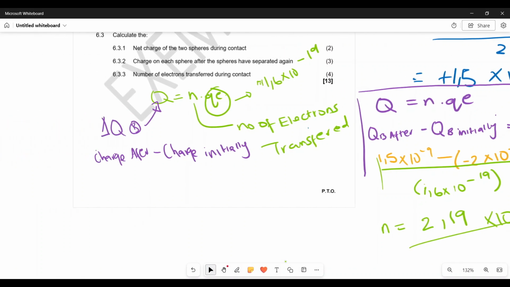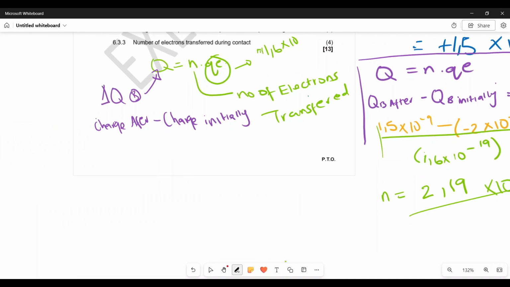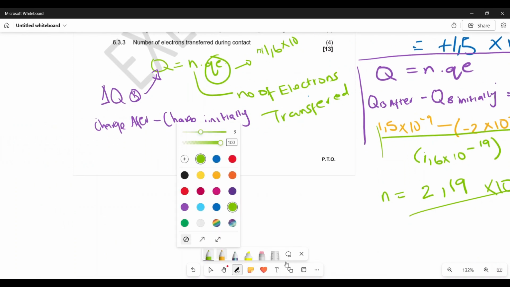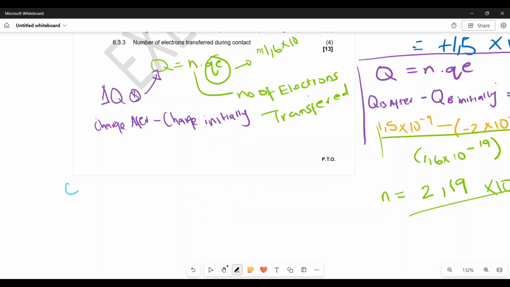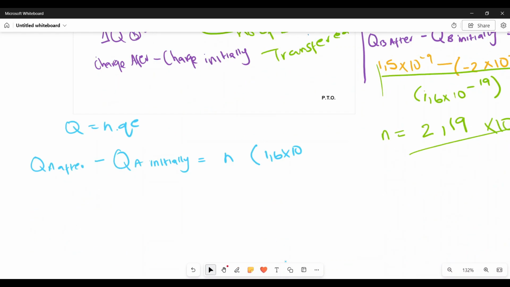Now, I used B, let me use A. If I use A, I should also arrive at the same answer. So when I use A, Q is equal to N multiplied by QE. The Q of A after minus the charge of A initially is equal to my number of electrons multiplied by my QE, which is 1,6 times 10 to the power negative 19.